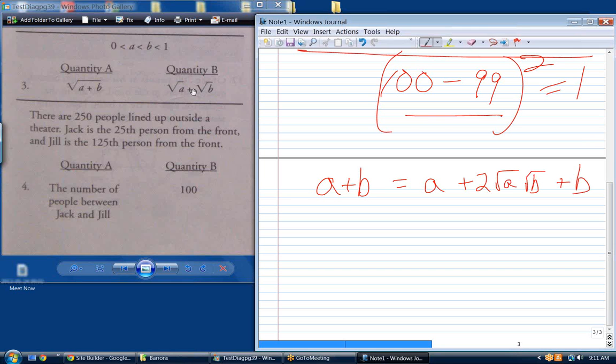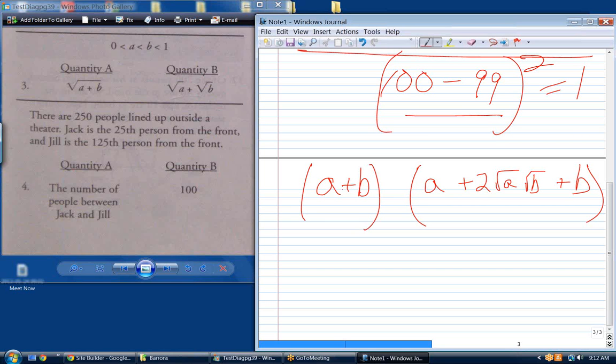Notice that when I square that using my formula, I get this. I shouldn't have put an equal sign in there. I'm trying to compare these two quantities. There's the left quantity, quantity A, and here's the right quantity after we've squared each.